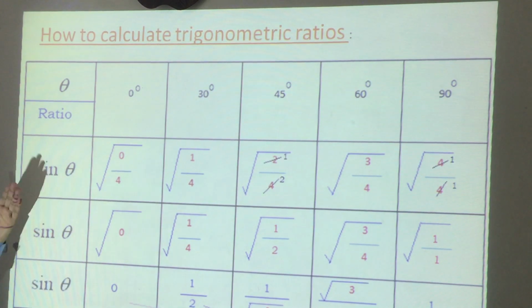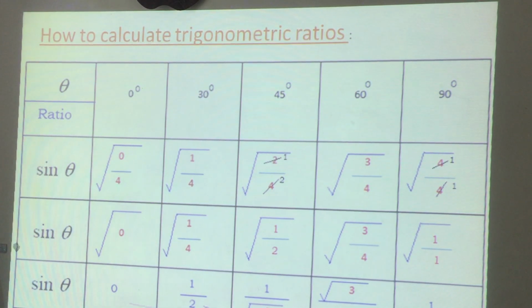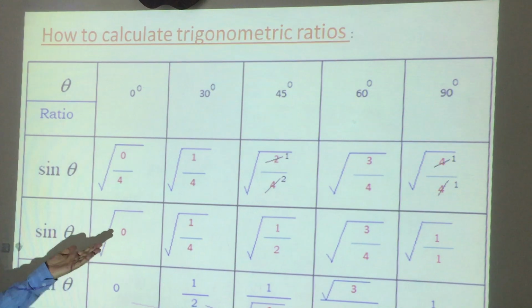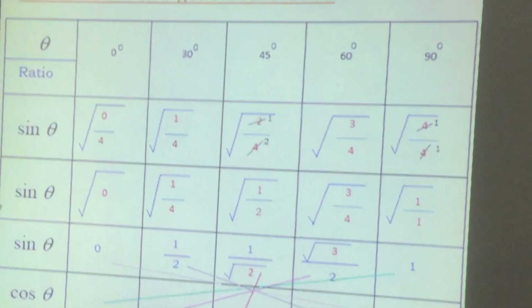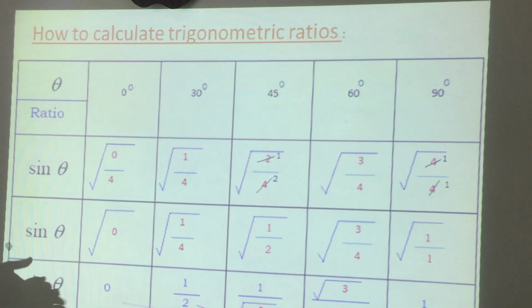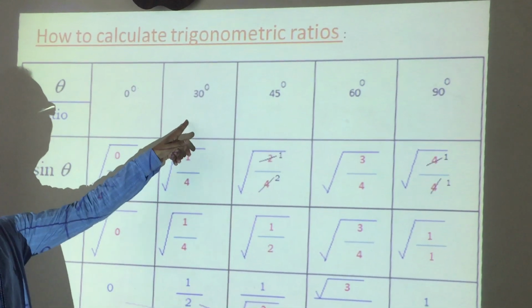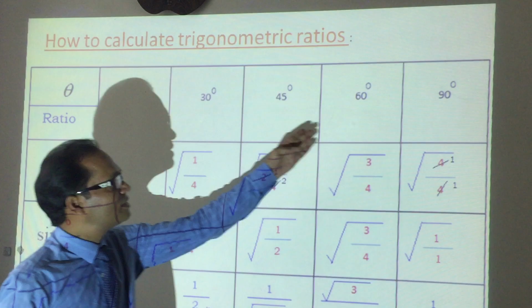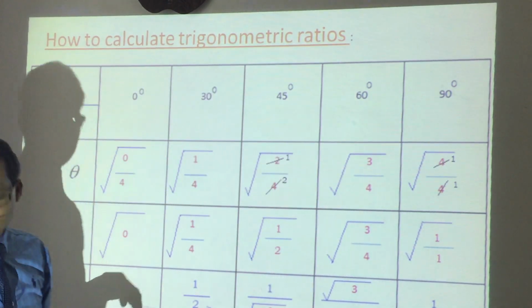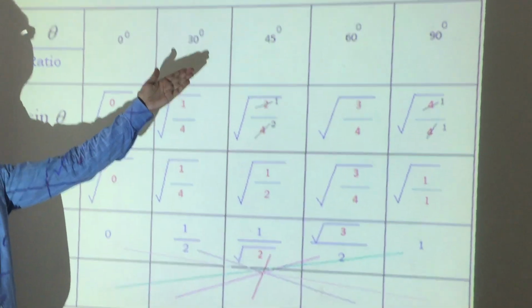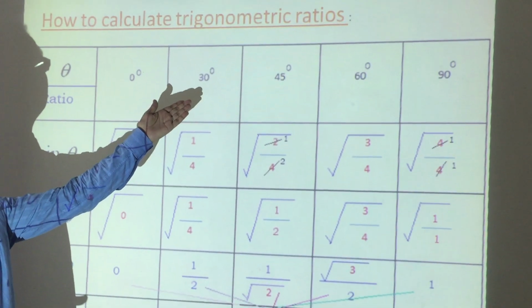You are asking me to tell you again how we are going to calculate the trigonometric ratios. First of all, students, we will have 0, then 30, then 45, then 60, and then 90 degrees. Why have we chosen these angles?